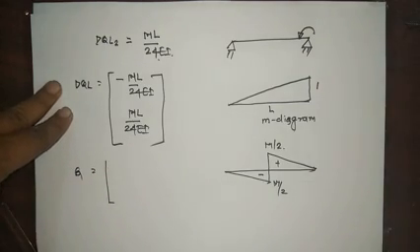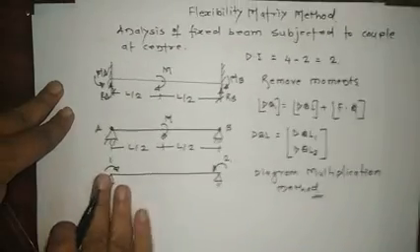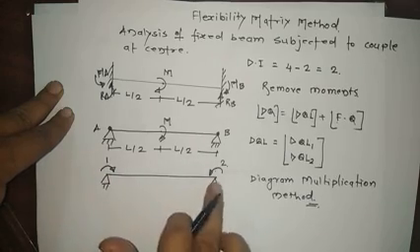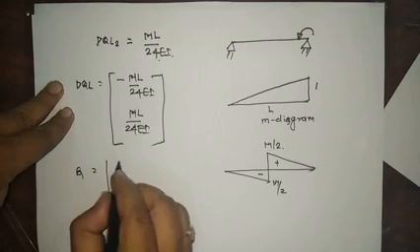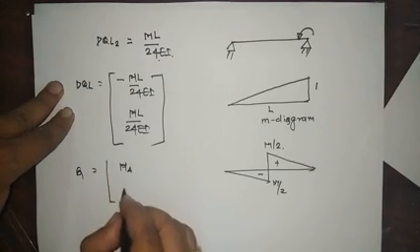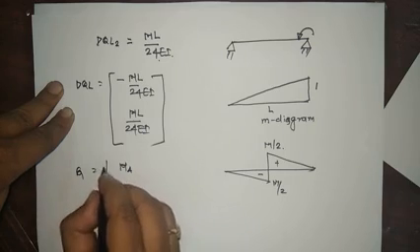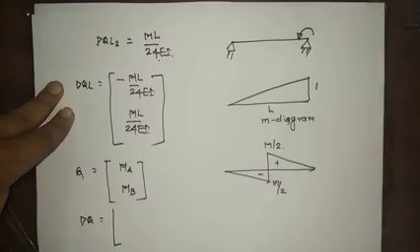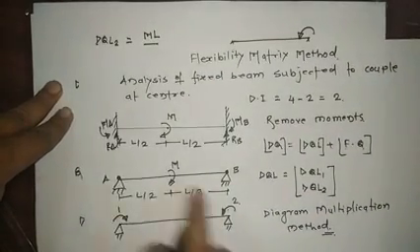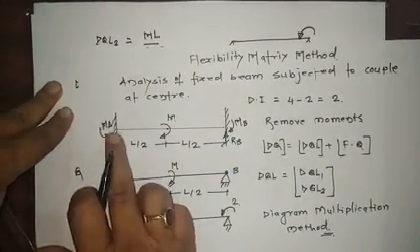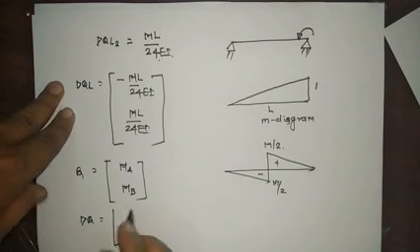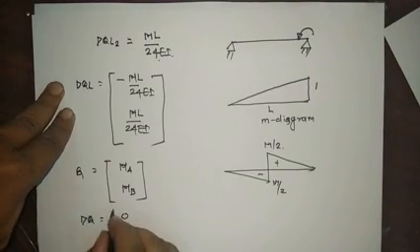In our basic figure, we gave number 1 and number 2. So MA is number 1, MB is number 2. So the unknown force matrix is MA and MB. Now the dq matrix is the initial displacement at coordinate 1 and 2. There is no sinking and no initial rotation, so the value of the dq matrix at 1 is 0 and at 2 is 0.